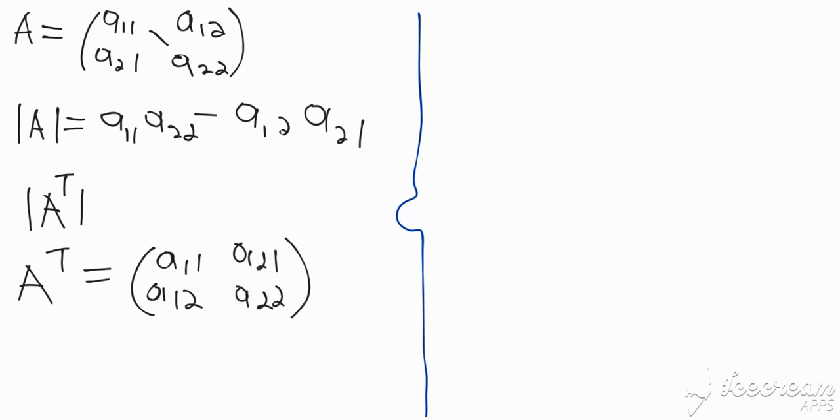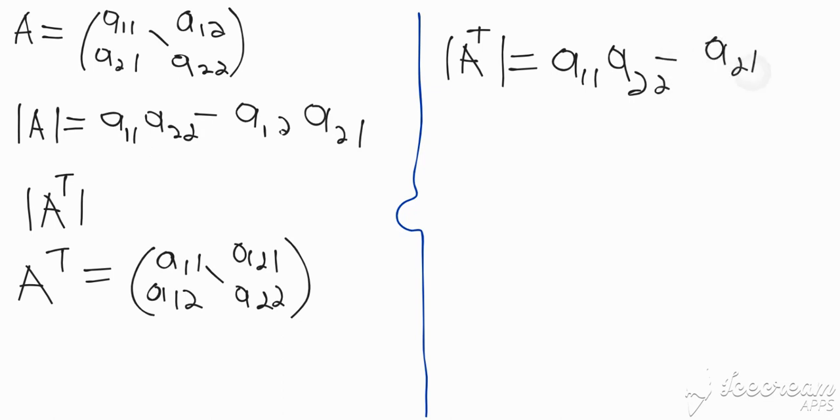Now, let us see what happens when we find the determinant of A transpose. Applying the same shortcut rule, the product of the leading diagonal, which here is A11 times A22, minus A21 times A12.